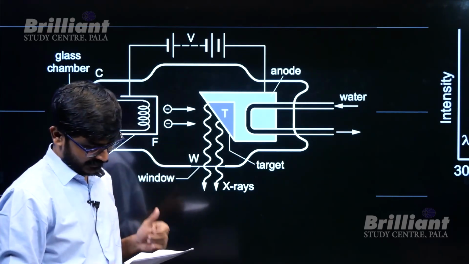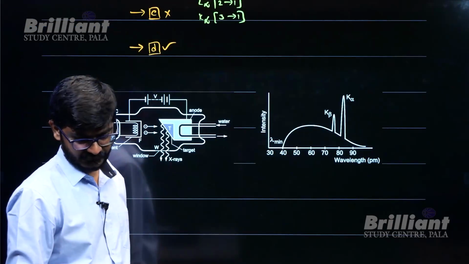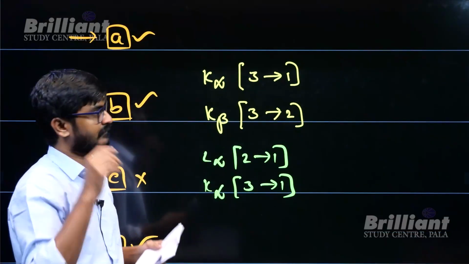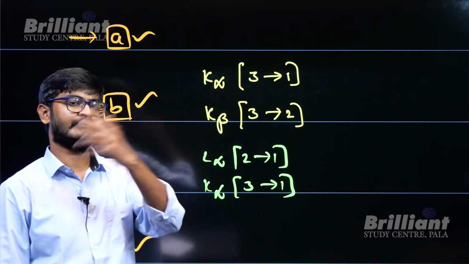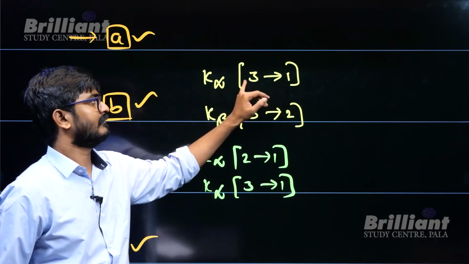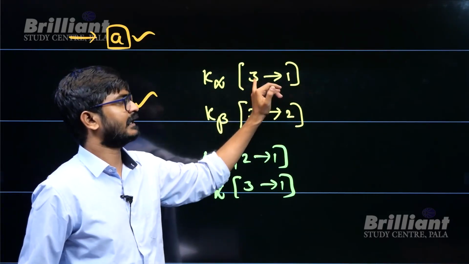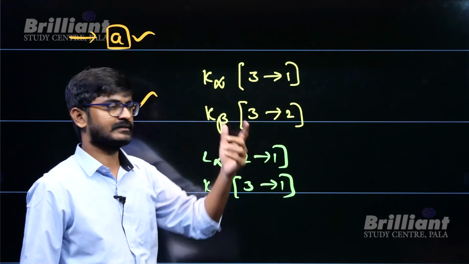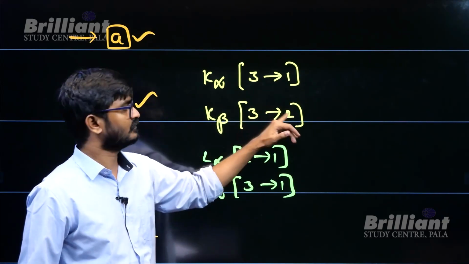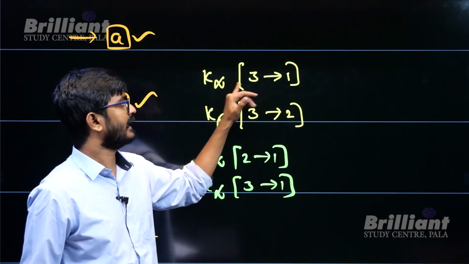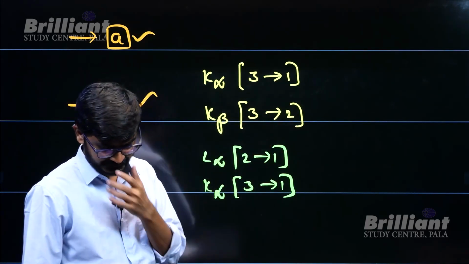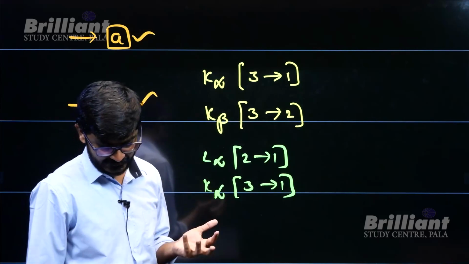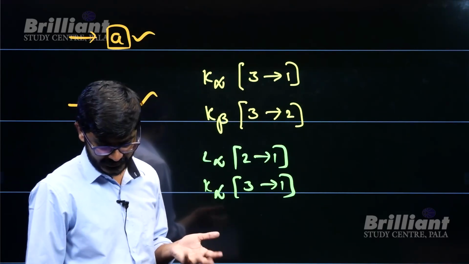Presence of K alpha ensures presence of K beta. When will K alpha happen? K alpha happens when an electron comes to the first orbit from the second orbit. When something is coming from the third orbit to the first orbit, there is a chance of it coming from third to 2 and 2 to 1 also, right? So K alpha ensures there can be a chance of K beta also. Now L alpha, make sure K alpha is also present.